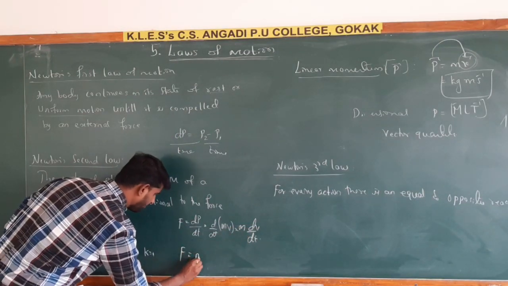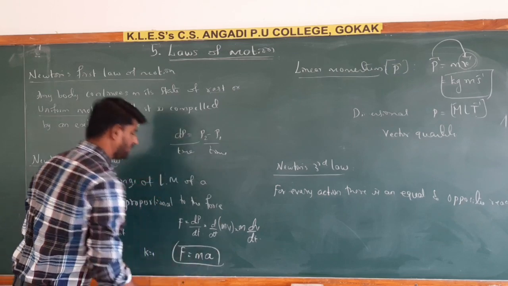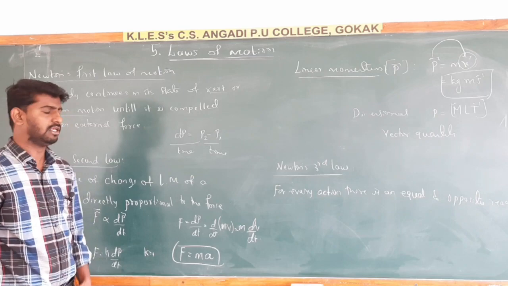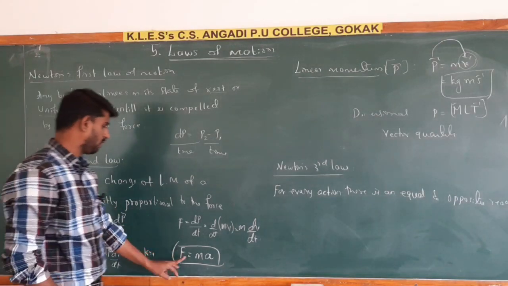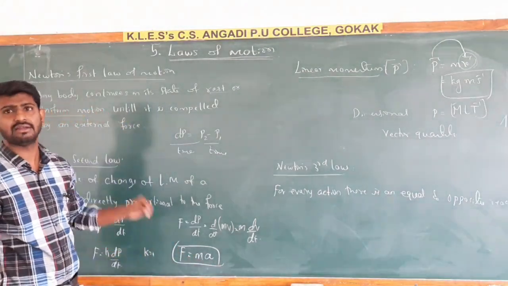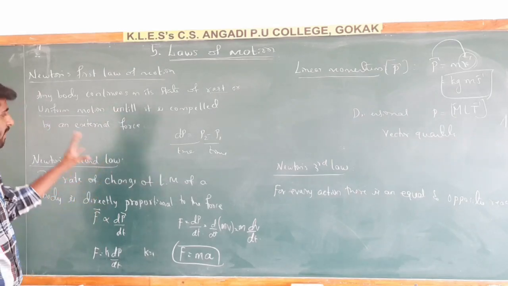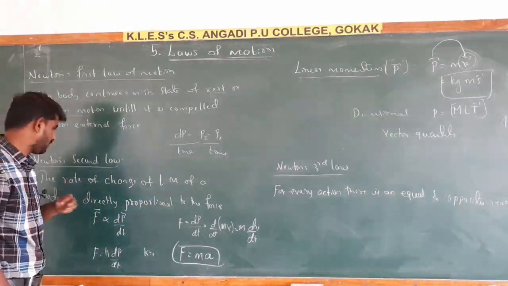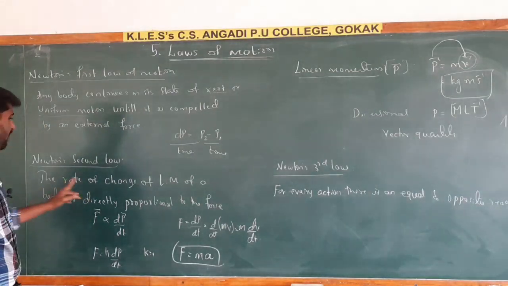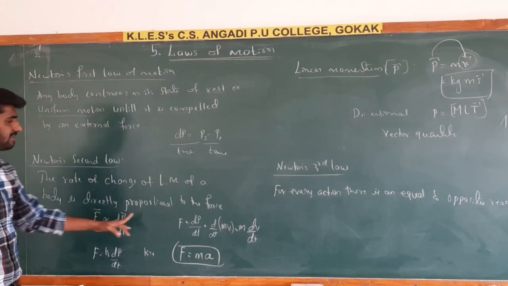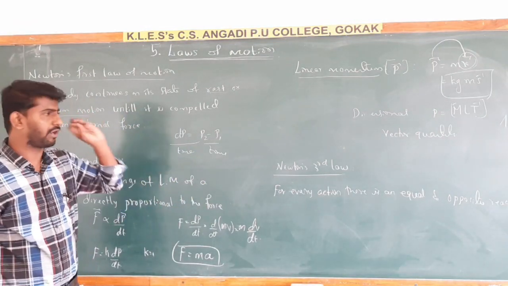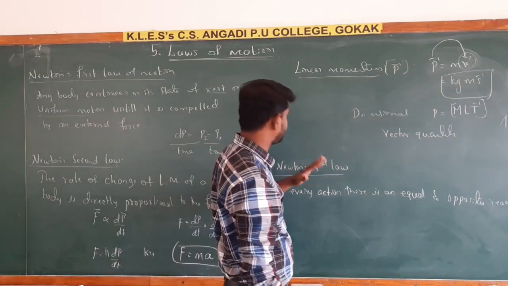So we get F equal to m into a, which is the formula for mechanical force. How can we derive the formula for mechanical force? By using Newton's second law of motion: the rate of change of linear momentum of a body is directly proportional to the applied force. And next one, Newton's third law.